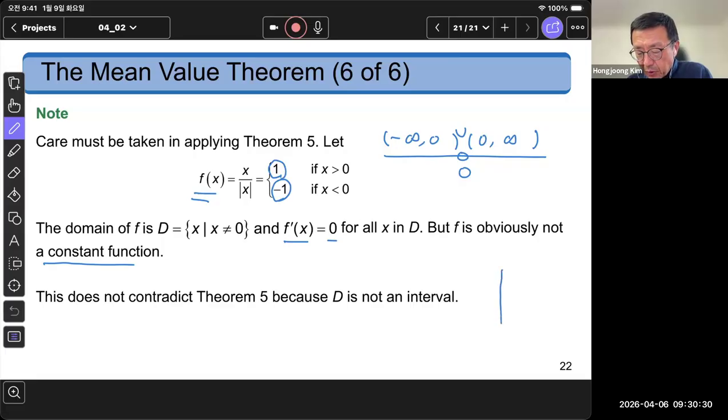So the graph is 1 to the right of the y-axis, and negative 1 to the left of the y-axis. So the function is not a constant. It consists of two constants. And this does not contradict the theorem because the domain is not a single interval, but it is the union of two intervals.